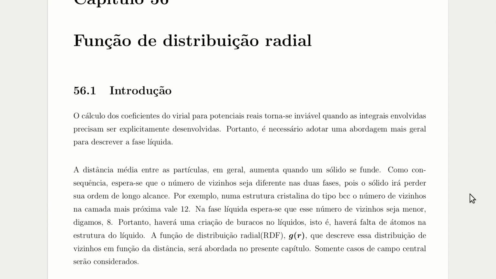But if you warm up the solid, this number of neighbors will probably decrease, let's say 8. And G of R will describe this neighborhood, and it can be used in gas, solid, and liquid. So it represents a general strategy for solids, liquids, and gases.